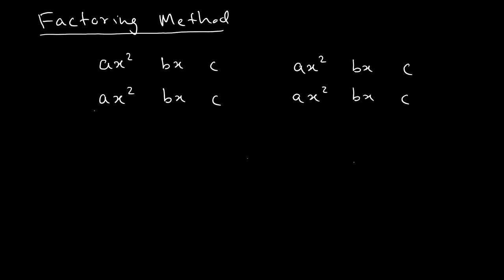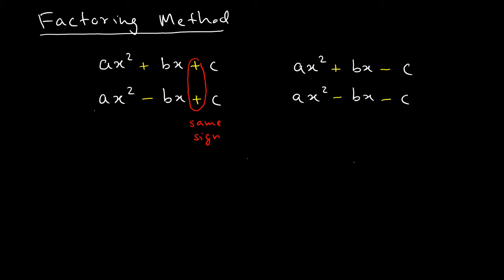The c term can be positive or negative, and in each of these cases the b term can be positive or negative. What's going to happen in these cases? If c has a positive sign, it means that the two terms have the same sign.